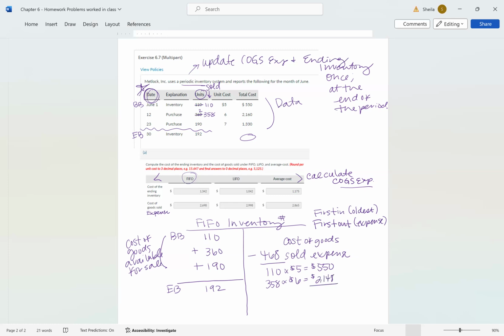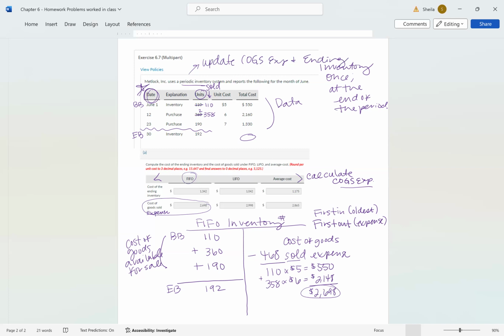Now, that equals my 110 plus 358, which equals my 468 units sold. Okay. And so if I add those together, guess what I get? 2,698, which is my cost of goods sold expense. Okay. That's how we calculate cost of goods sold expense under the FIFO method.